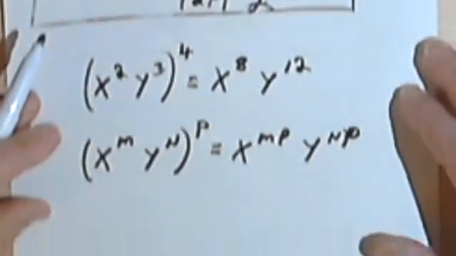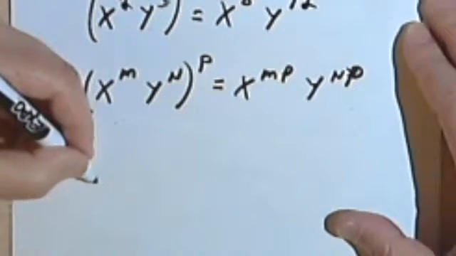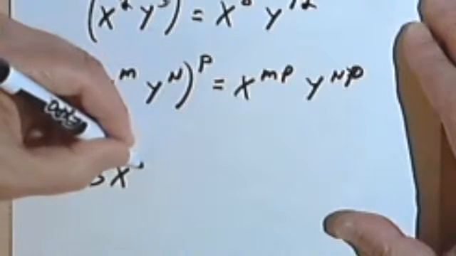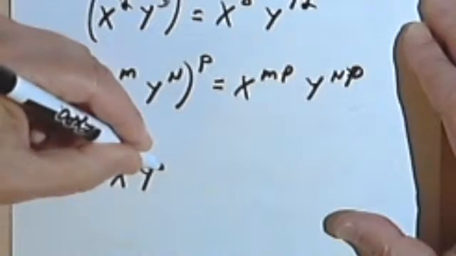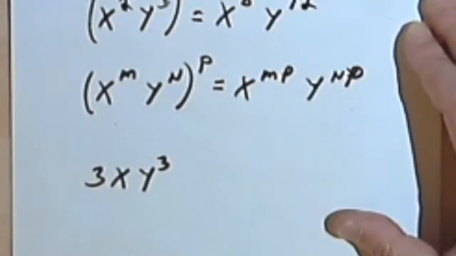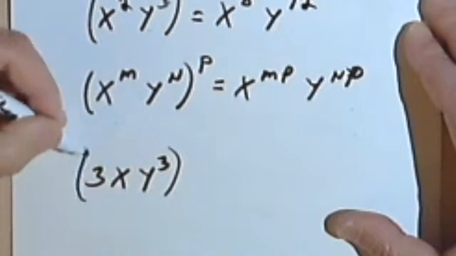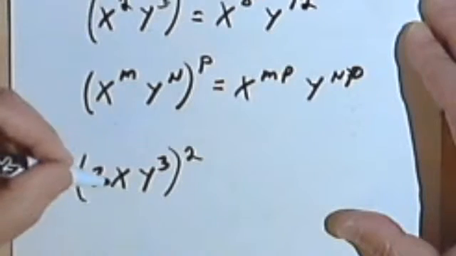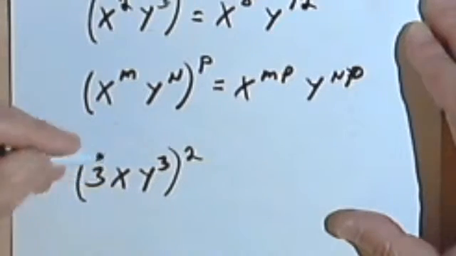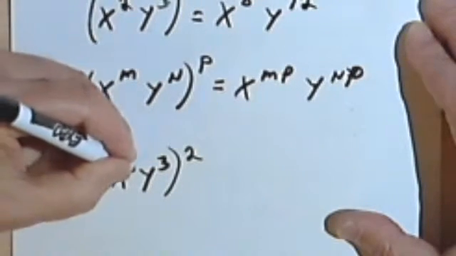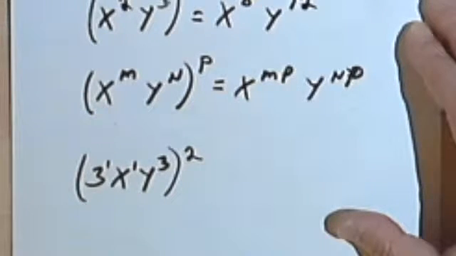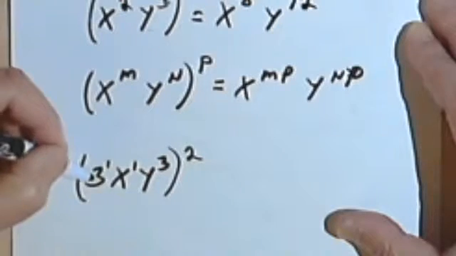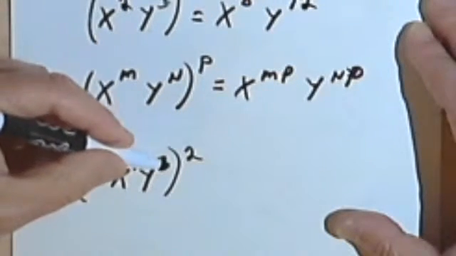One place to be careful, where I see some mistakes sometimes, is let's say you've got something like 3x y to the third, and you're told to square this. Well, remember, if you don't see an exponent, you could just write a 1 in as the exponent. This will remind you that you've got to square the 3 and the x as well as the y to the third.